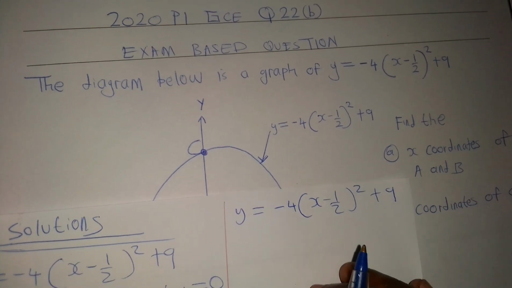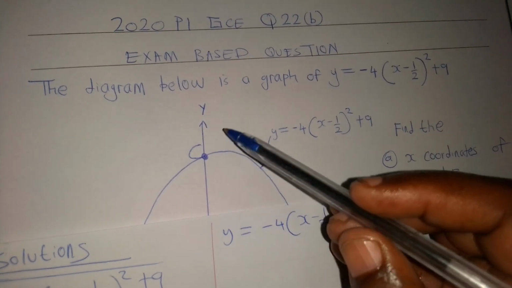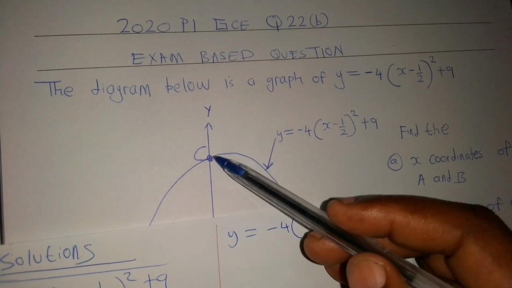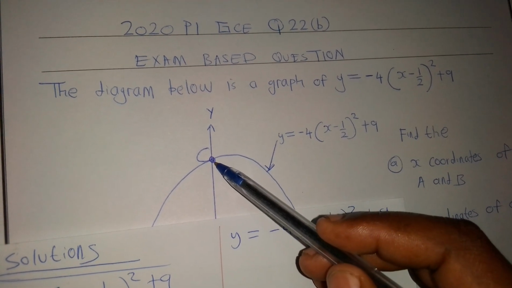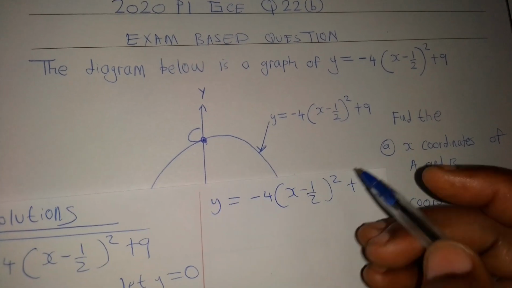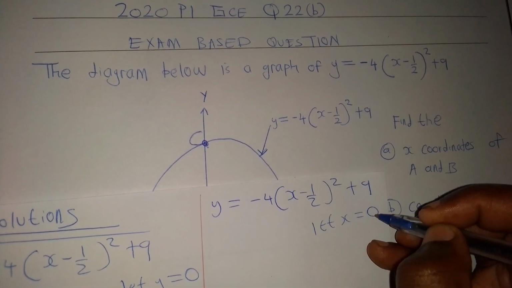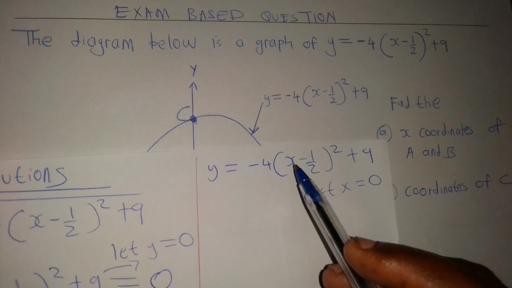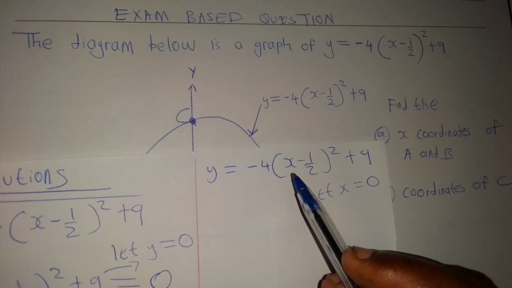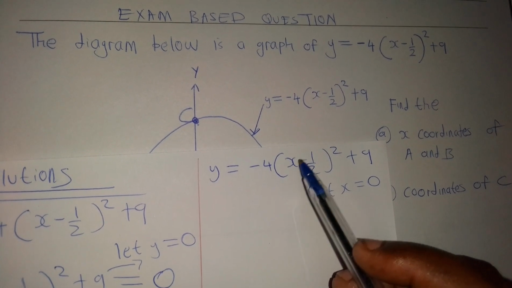You see that? Now, it is cutting the y-axis at C here. Now, in the y-axis, x is equals to 0. So we'll say that let x be equals to 0. Meaning where there is x here, I'm going to put a 0.